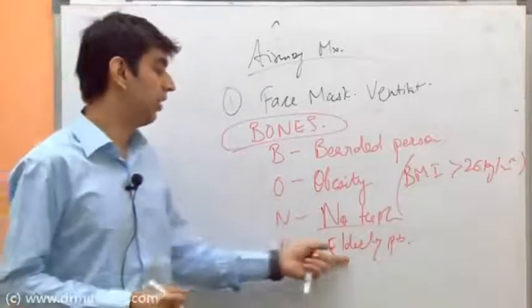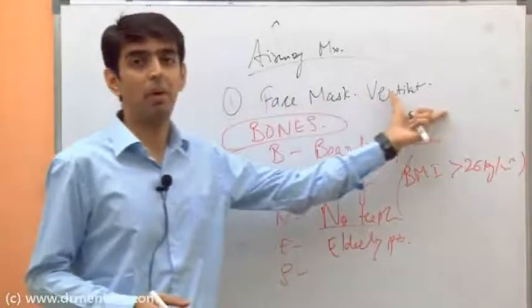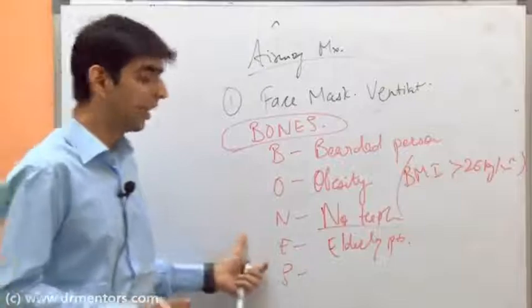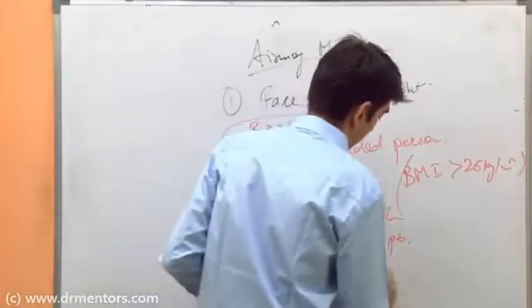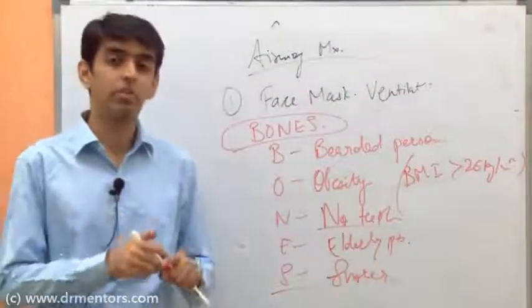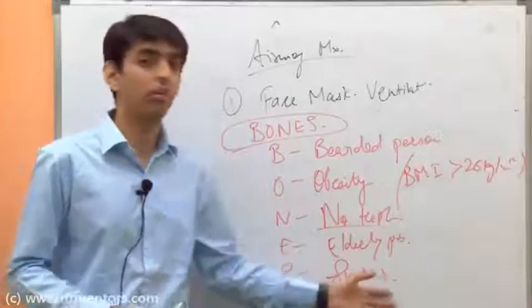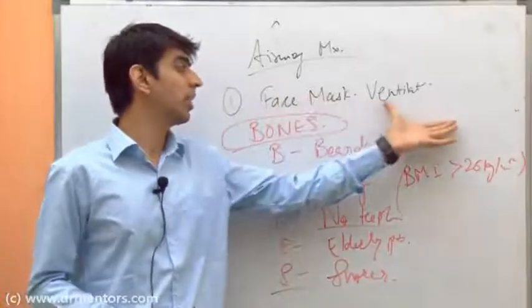So elderly patients are going to be difficult for face mask or bag mask ventilation. Next, we come to S, that is snorer. A person who snores during sleep, or has obstructive sleep apnea, will be difficult for face mask ventilation.